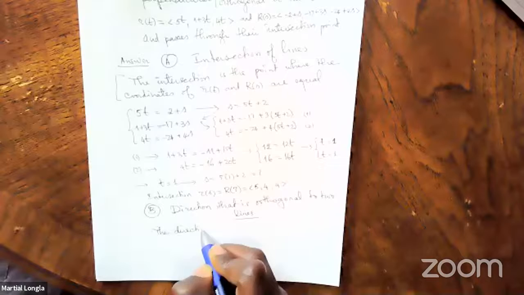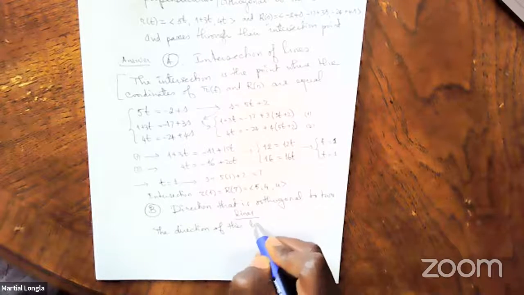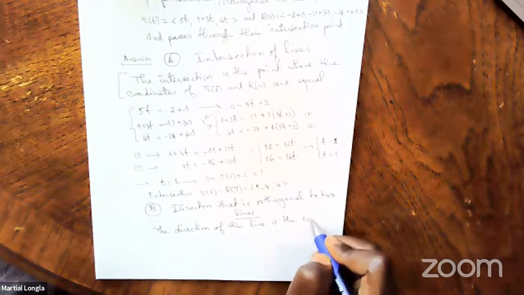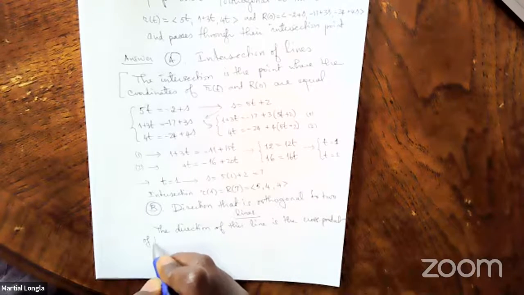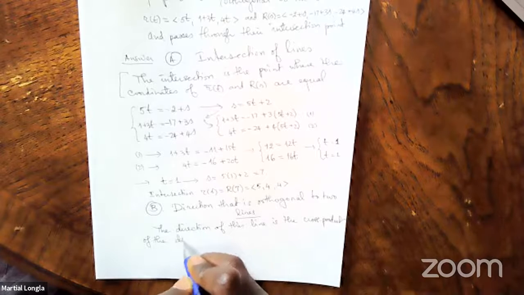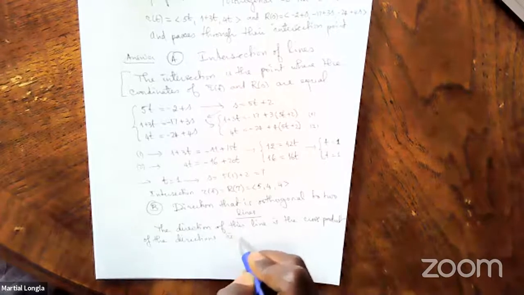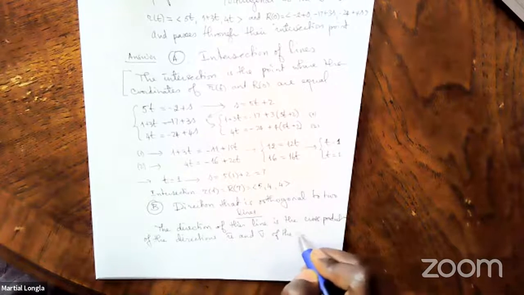The direction of this line is the cross product of the directions u and v of the given lines.